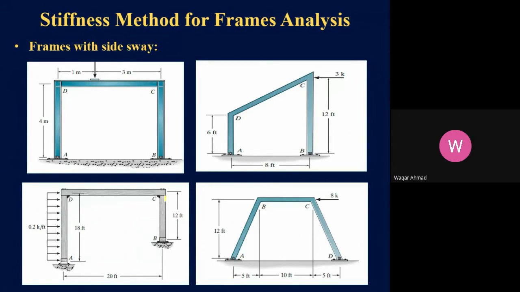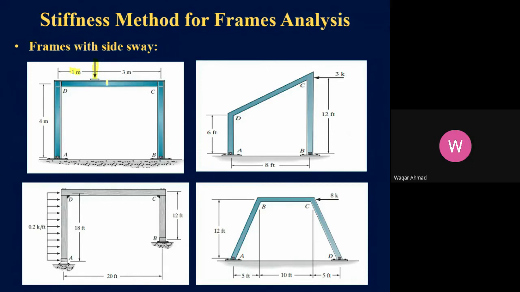Now you can see that here a point load is acting, but this load is at 1 meter distance from this end D, and a 3 meter distance from this end C. So now you can see that it is not acting at the middle of this member.